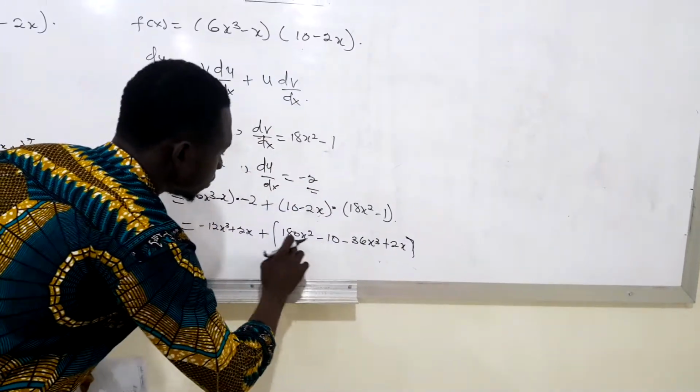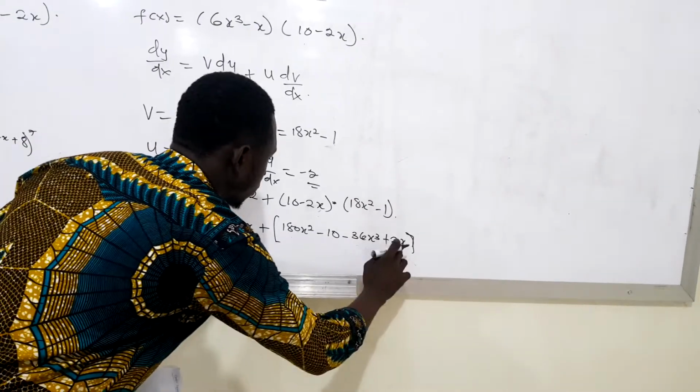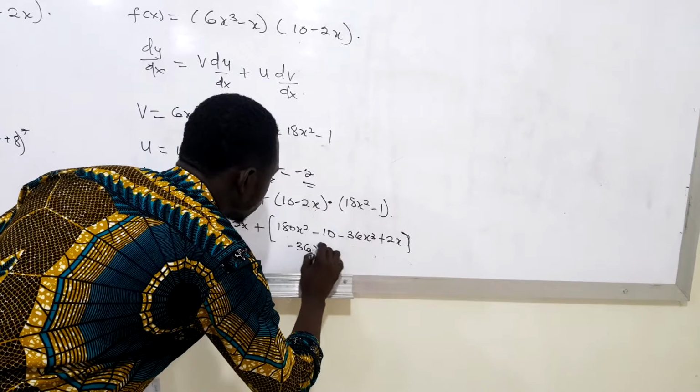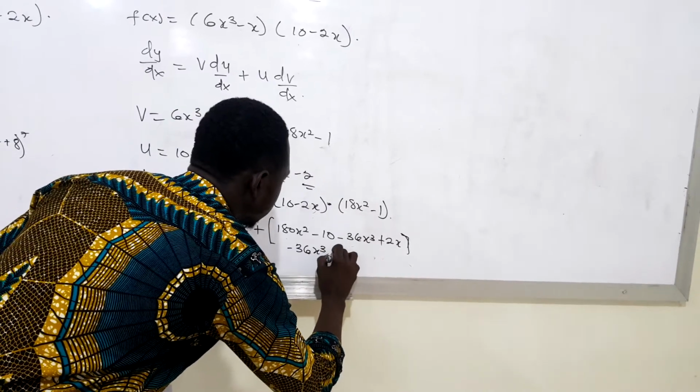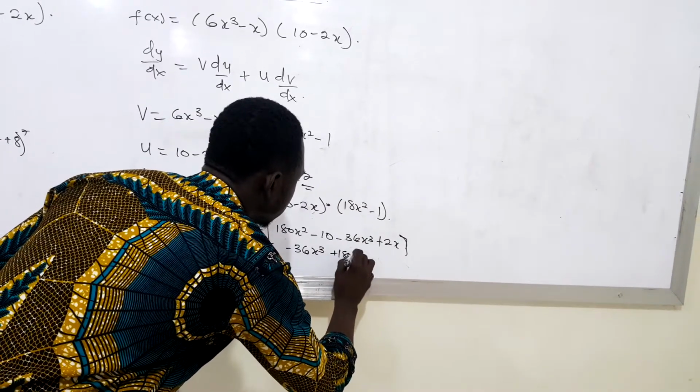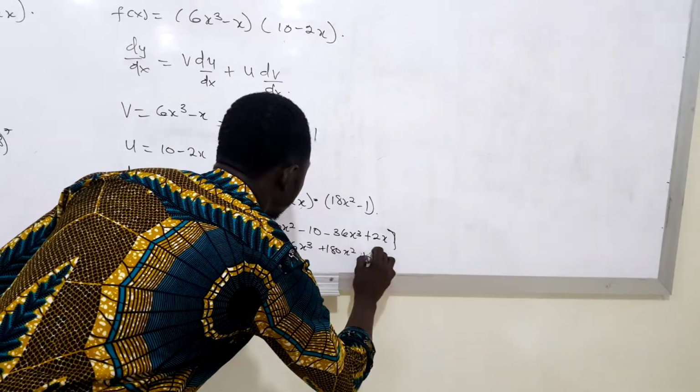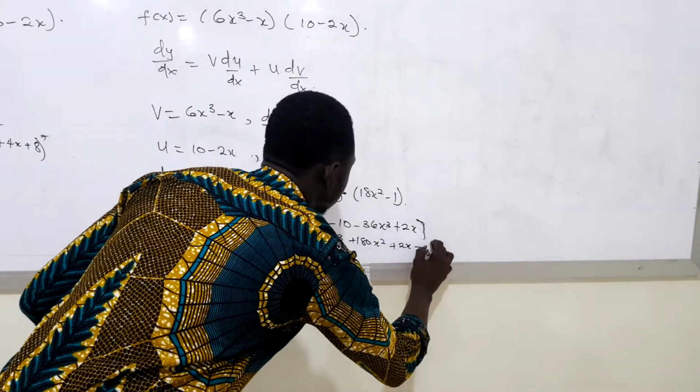So in that case, we are going to get something like minus 36x cubed, then plus 180x squared plus 2x minus 10.